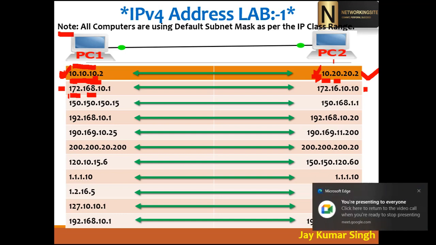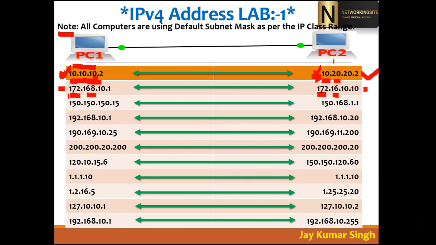But what about the second part? The second part is not matching. So they will not communicate, right? The first will communicate, but if the second part doesn't match, then they will not communicate. The IP addresses won't work.